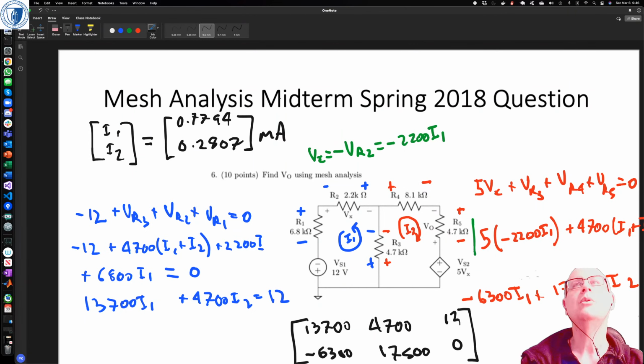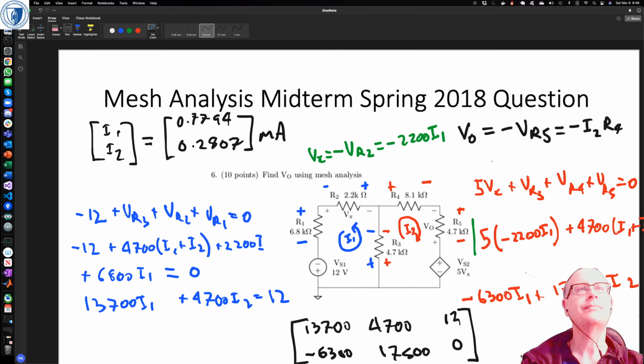Now let's have a look at what the V out is, right? So V out, and again remember the polarities are different. So V out is equal to minus VR5, which is equal to minus I2 times R5, which is going to be minus 4700 times 0.2807.